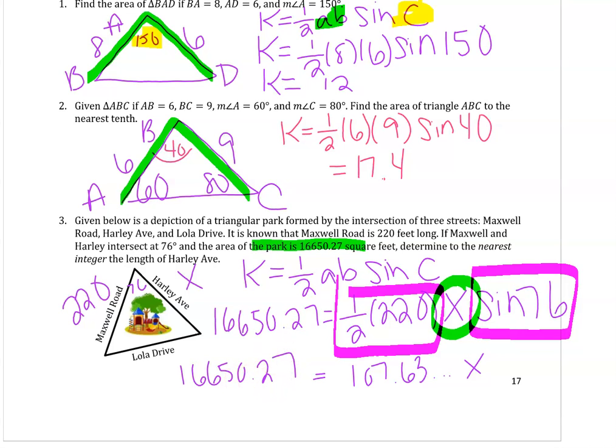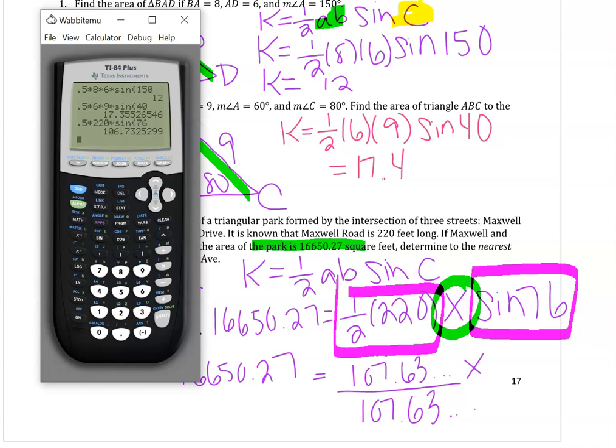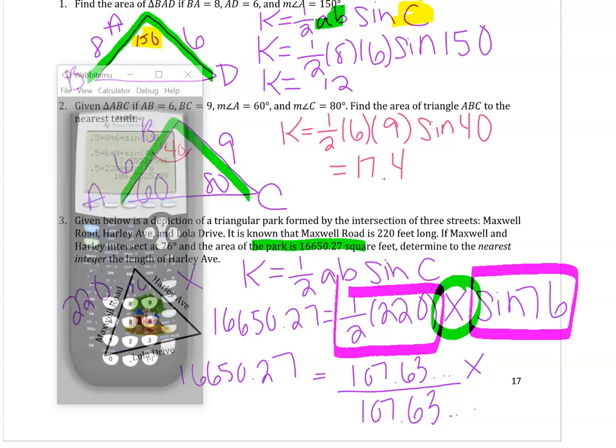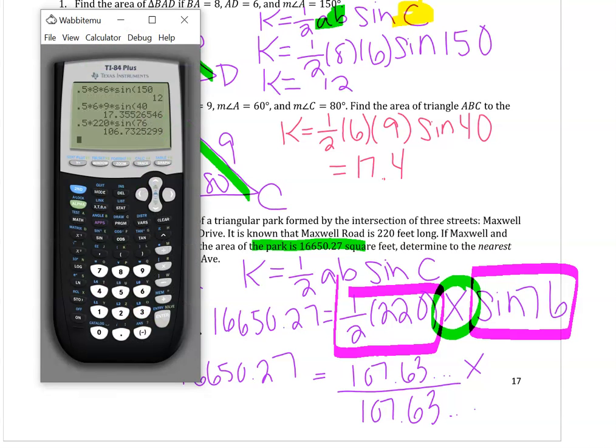Okay, so in order to solve for x, because everything's just being multiplied together, guys, we would have to divide both sides of our equation by that 106 number. I wrote that wrong, so it's 106.73.